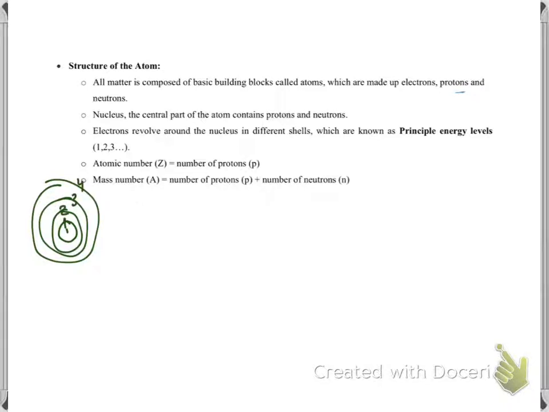The first energy level is closest to the nucleus. Electrons love to stay close to the nucleus because the nucleus is positively charged, because it has protons. So electrons love to be close to the nucleus. But if the first energy level is complete, then the electrons go to the second. When the second is full, then they go to the third, and so on.